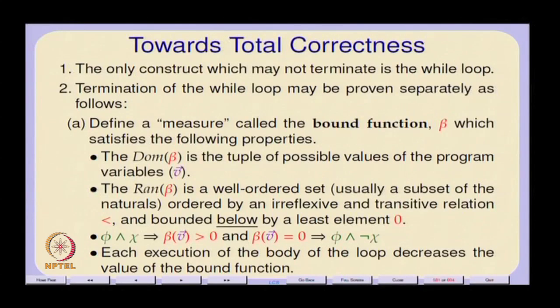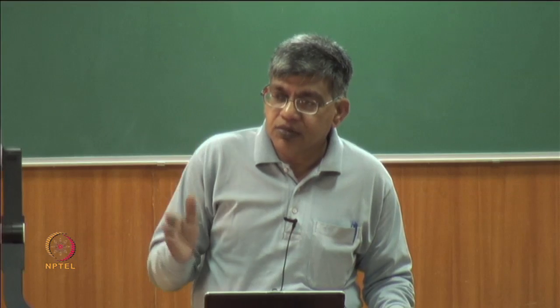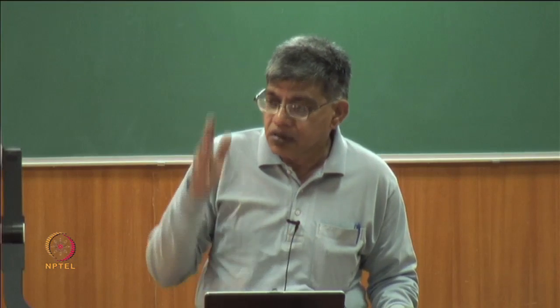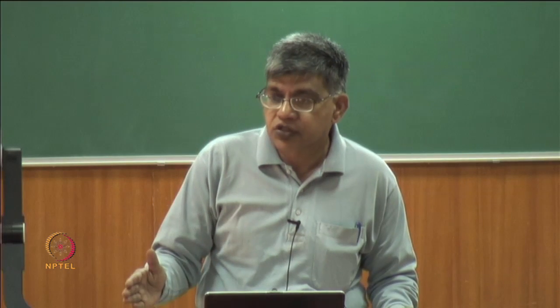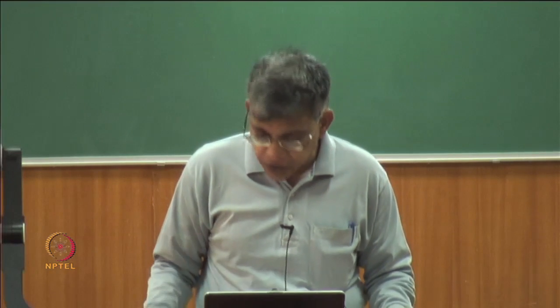You may not be dealing with natural numbers at all in your programs, but your bound function would still involve counting, or at least it can be mapped onto a counting problem. For the termination aspect, this bound function can be mapped onto some subset of the naturals under less than.